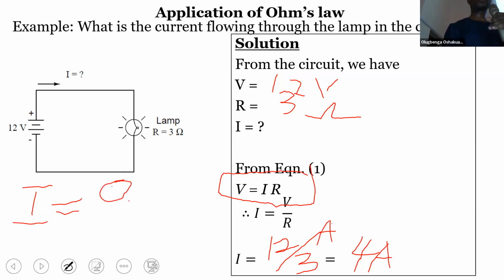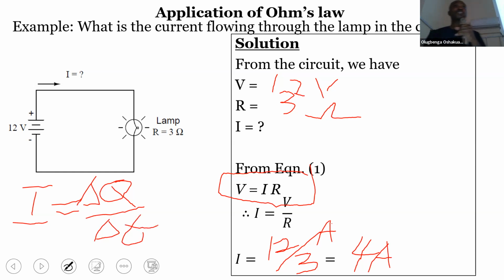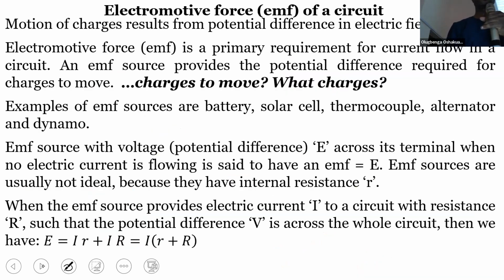That is Q/t. So the number of charges that flows through a particular point per time is current. So if you like, you may not want to call it amperes and call it coulomb per second, for the SI unit example.